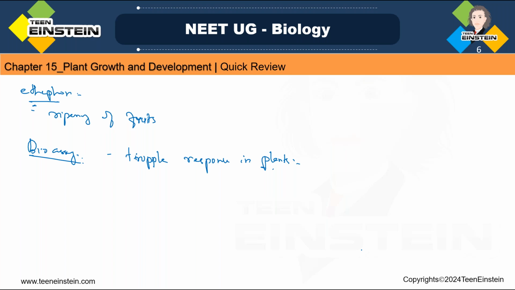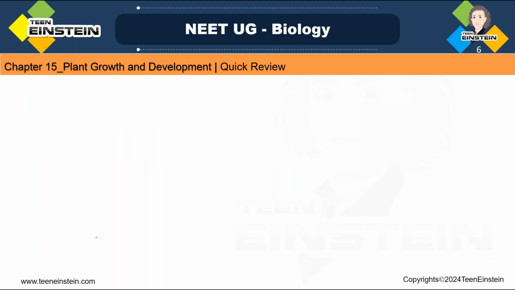Okay, the next hormone, which is a growth inhibitor, is abscisic acid or ABA. This is a stress hormone, and this is a derivative of carotenoid.